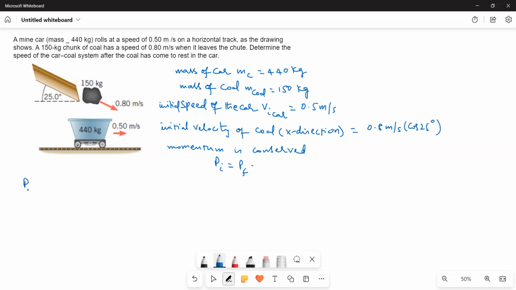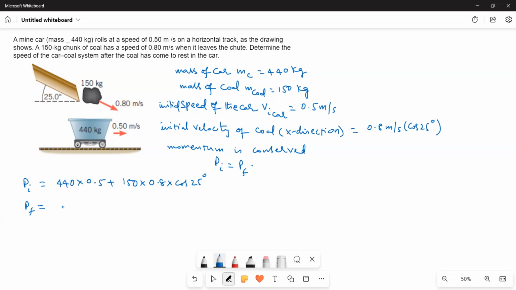P_i is equal to mass of the car times velocity plus mass of the coal times velocity. So 440 times 0.5 plus 150 times 0.8 times cos 25. And then P_f, after the coal falls into the car, both will travel with the same velocity. So P_f is equal to total mass times velocity.